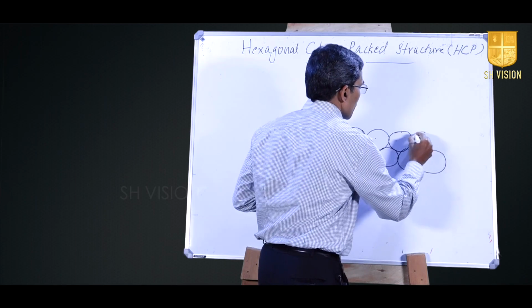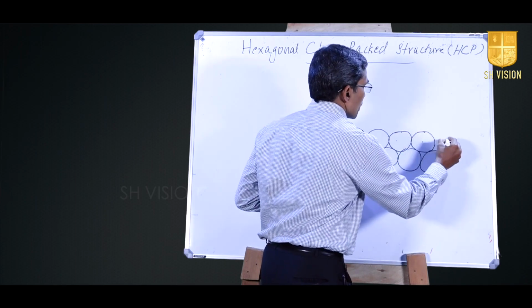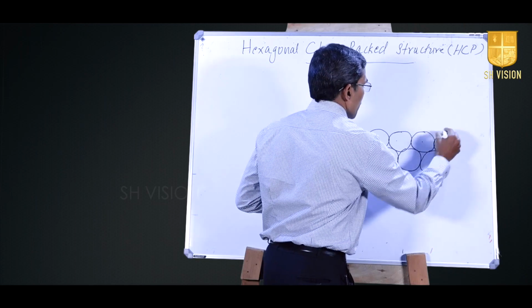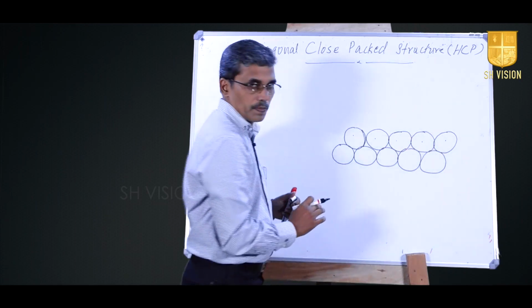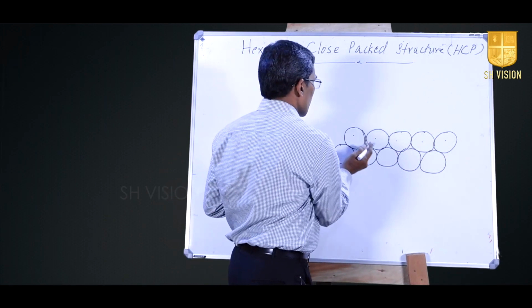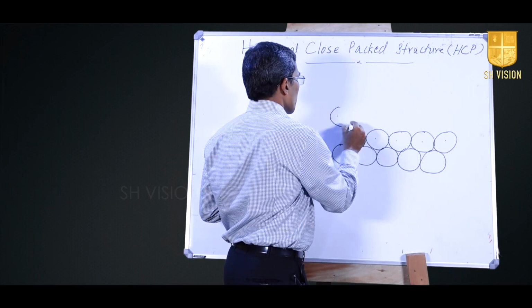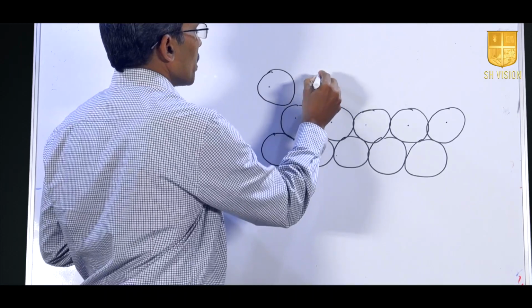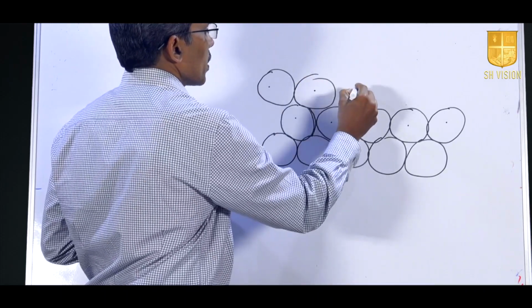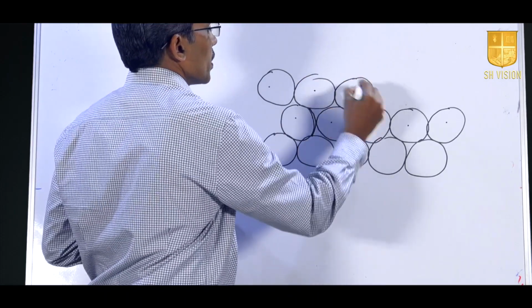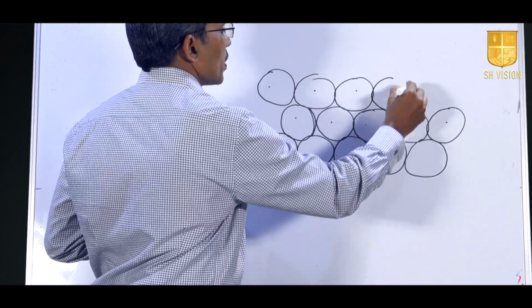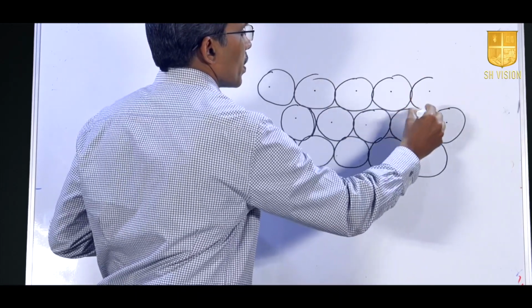Here we will have another one, and the next one will be here. So, we take 5 particles in each row, and the third row will be coming here. So, here 1 particle will be coming, then here 1 particle, here 1 particle. This is the way it is packed.